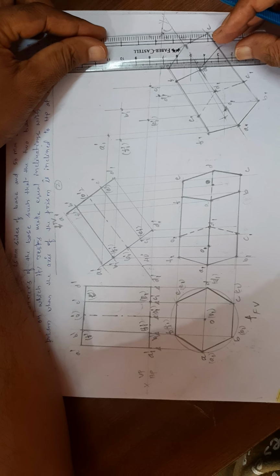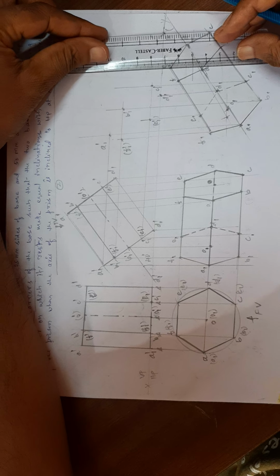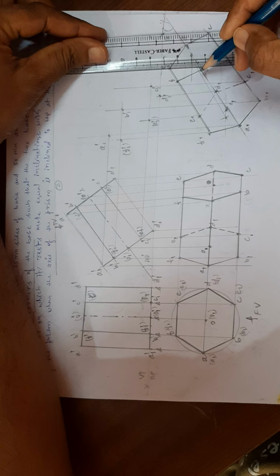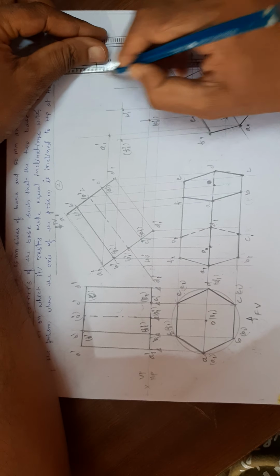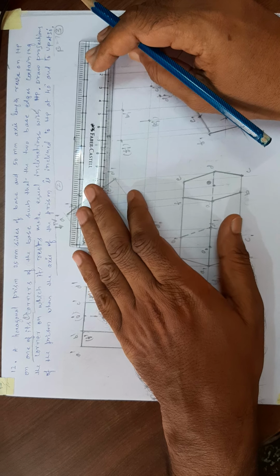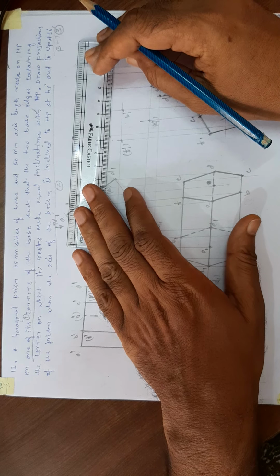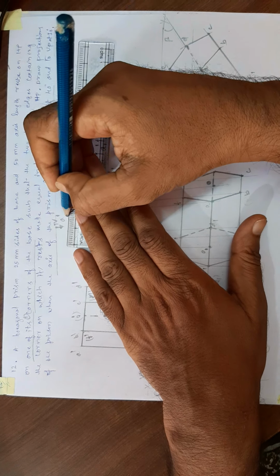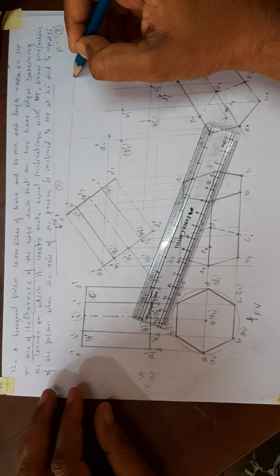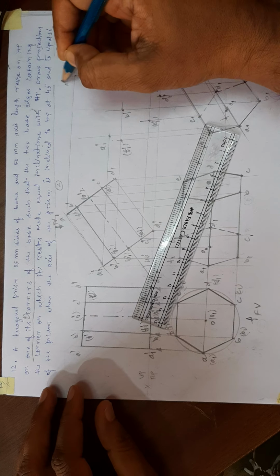Vertical projector line from the A, okay, horizontal projector line from the A dash. Also here you will get, so this is A dash.